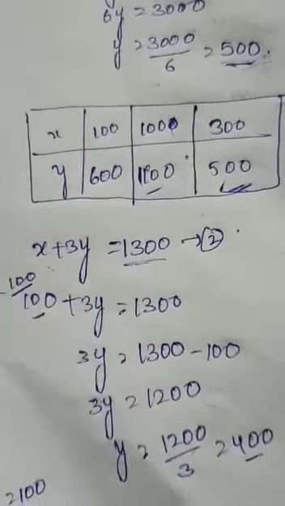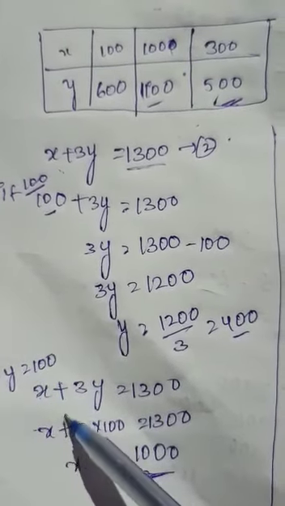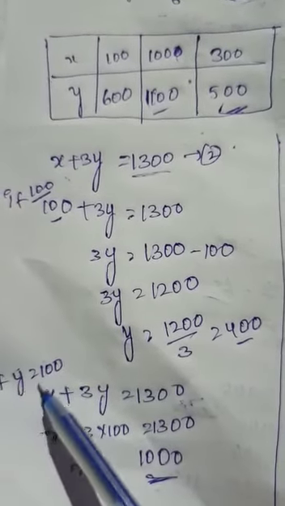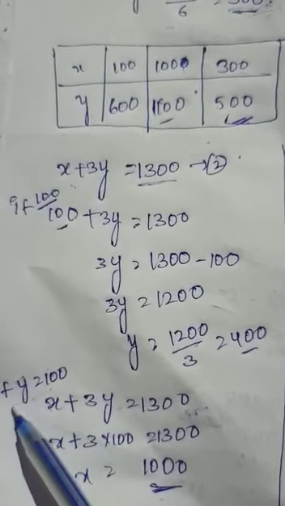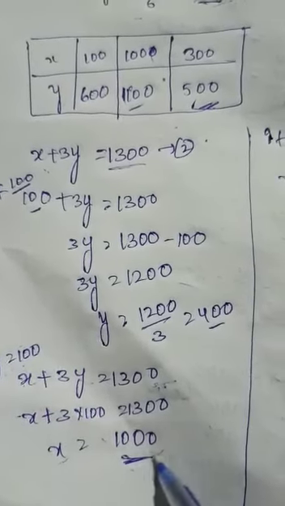In the same way, if I take y equal to 100, x plus 3y equal to 1300. In this equation I put y value 100. Here we get x equal to 1000.